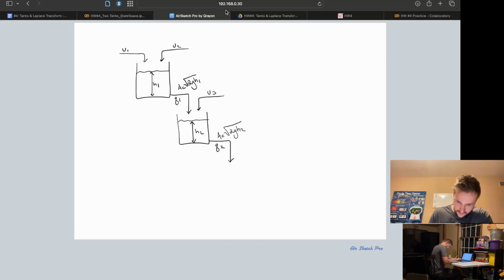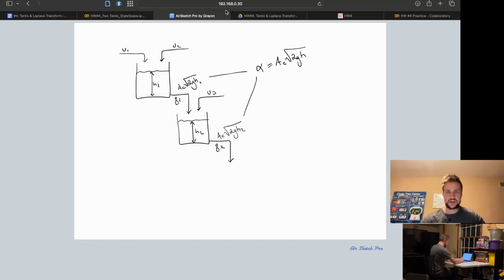And here is going to be our alpha, equaling our cross-sectional area, basically everything that we have right here. Now we want to move forward, so we're going to set up each of our differential equations. We want to first assess what the initial heights in each tank are at steady state.